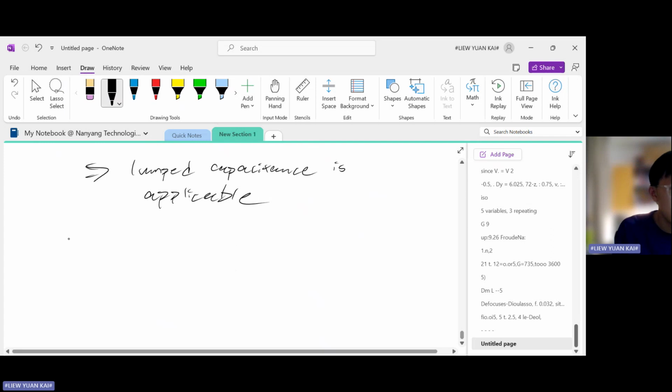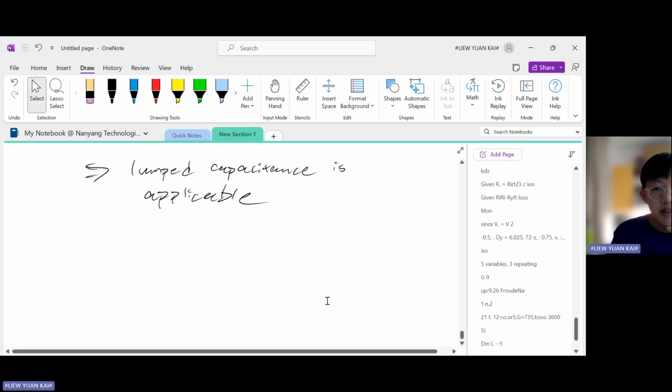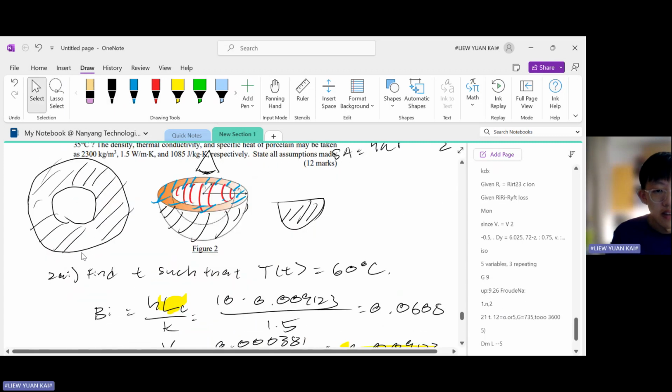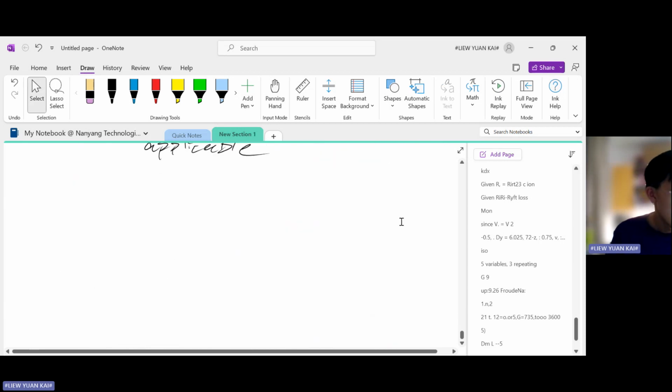Let's go ahead and find the time, because we're asked for how long it takes. Remember, our question is find t such that the temperature is 60 degrees Celsius.